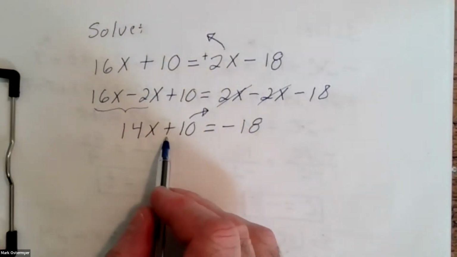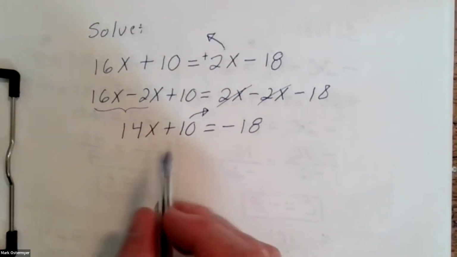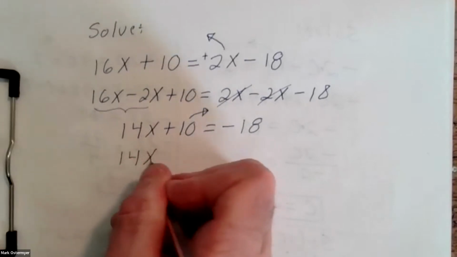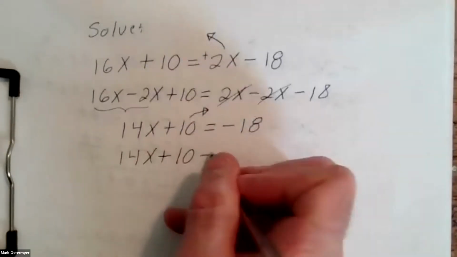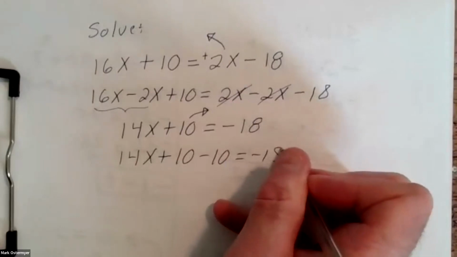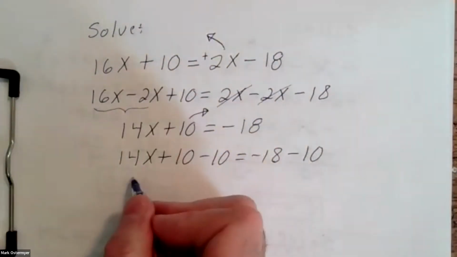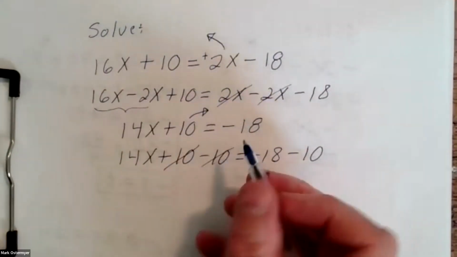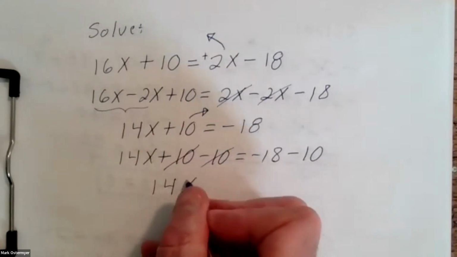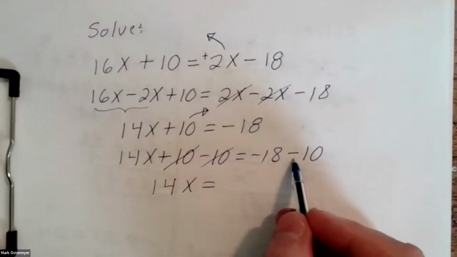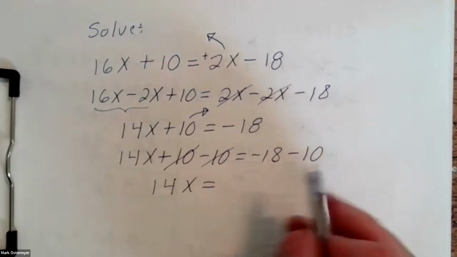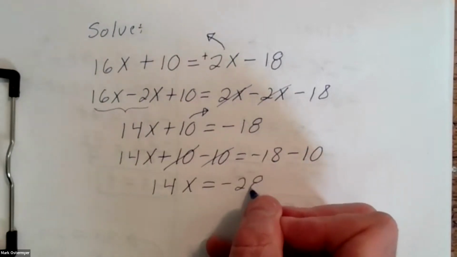To accomplish that legally algebraically, I subtract 10 from both sides. The 10s on the left side cancel out to 0, leaving you with 14x. -18 subtract 10, you could do that on your calculator, would give you -28.